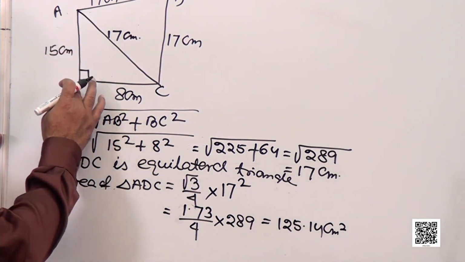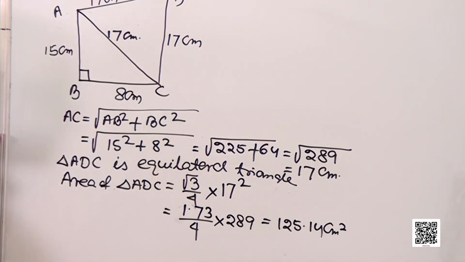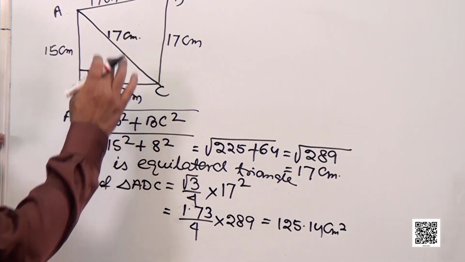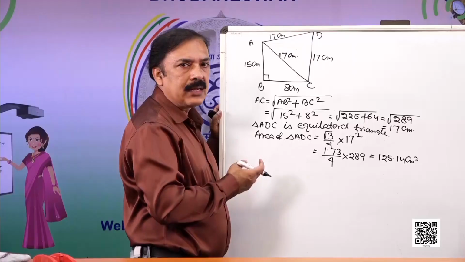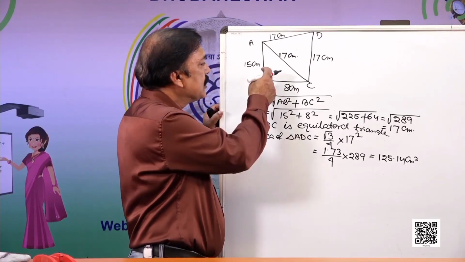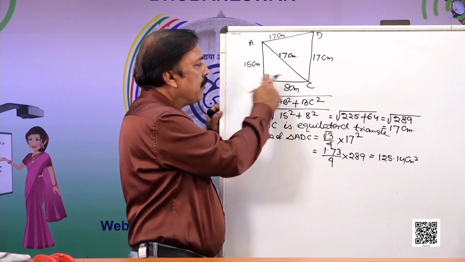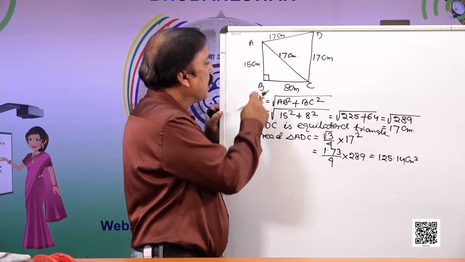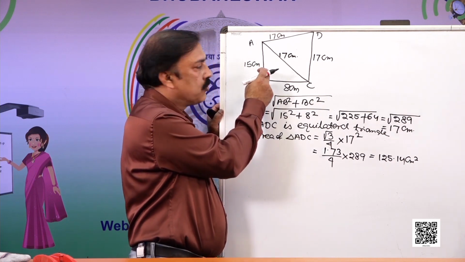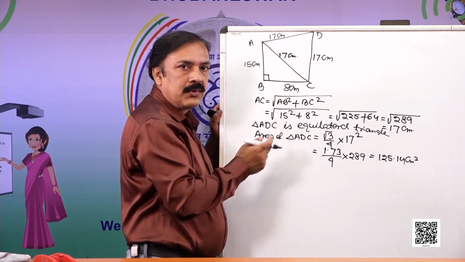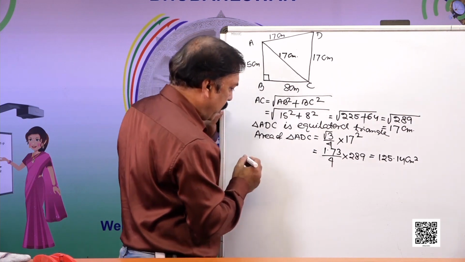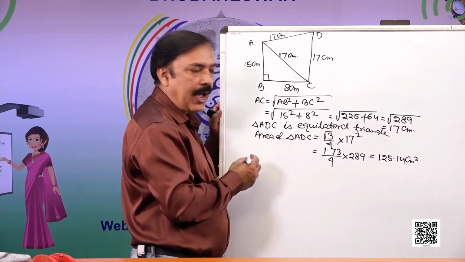And what is the area of triangle ABC? Here also, as all the three sides are known, we can apply Heron's formula, but as this is a right angle triangle and AB and BC are the adjacent sides to the right angle, we can use the formula half base into height.